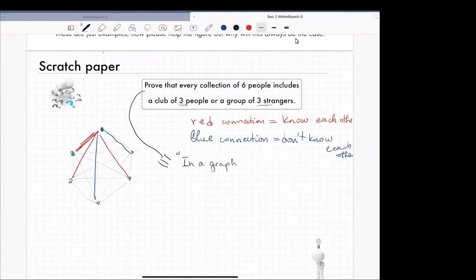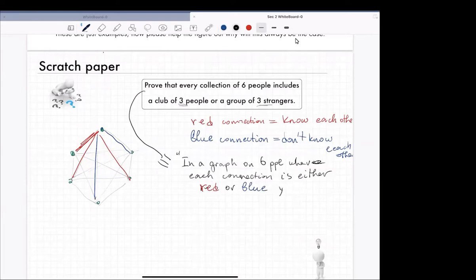In a graph on 6 people, later we'll call them vertices, but here, let me call them people, 6 people, where each connection, and later we'll call connections edges, is either red or blue. So every possible edge of the 15 is either red or blue.